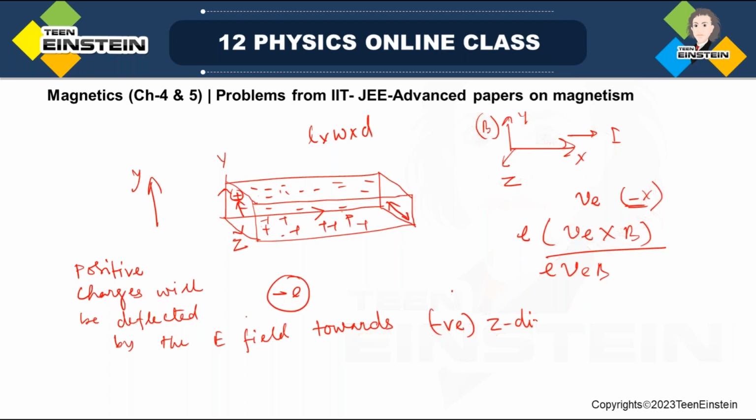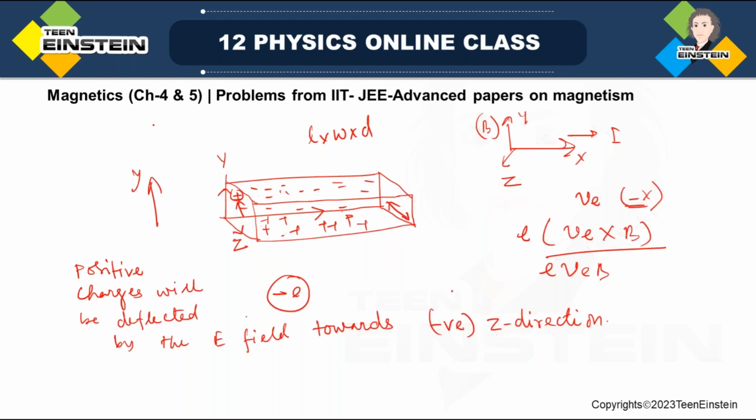See, this is exactly opposite, right? So positive charges, deflection of positive charges by magnetic field was there along the positive z direction. Now when the electric field develops, the electric field will give an opposite force to the magnetic force.